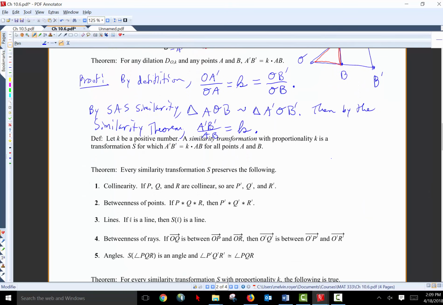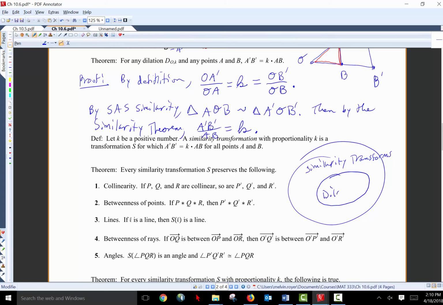So right here, I'm going to draw a Venn diagram. The big circle is all similarity transformations. And then inside here are dilations.